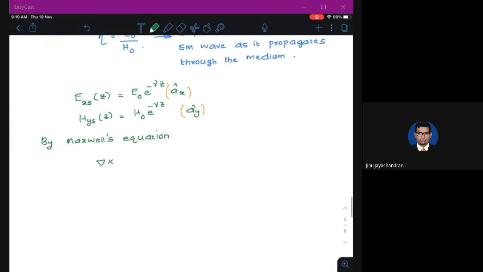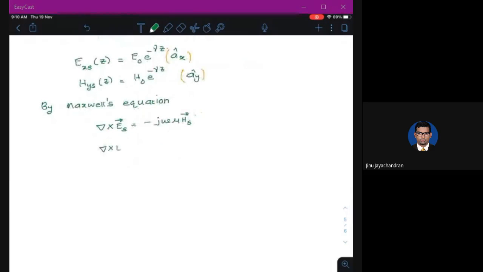del cross ES is equal to minus j omega mu HS. This we have already seen. So del cross ES is equal to the determinant of AX cap, AY cap, AZ cap; dou by dou X, dou by dou Y, dou by dou Z. Now you have EXS.